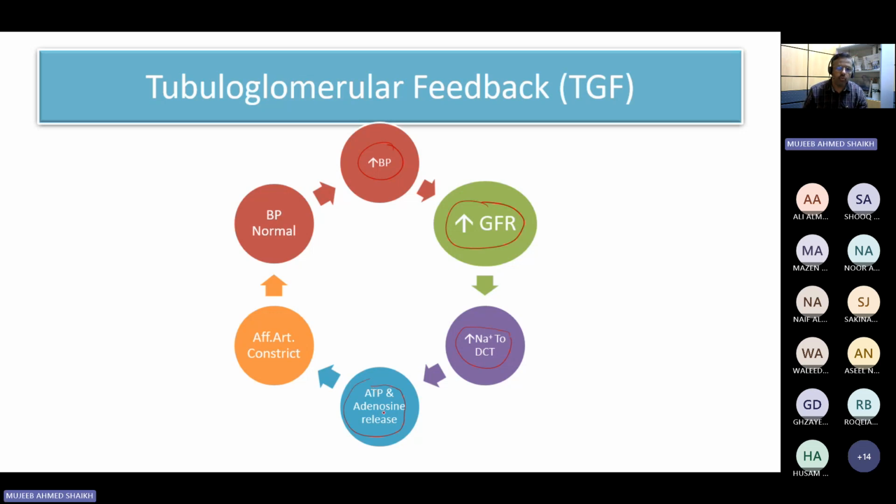This ATP and adenosine will cause afferent arteriolar constriction, which will bring the hydrostatic pressure back to normal in the glomerular capillaries, leading to decreased GFR. So this is known as the tubuloglomerular feedback mechanism.